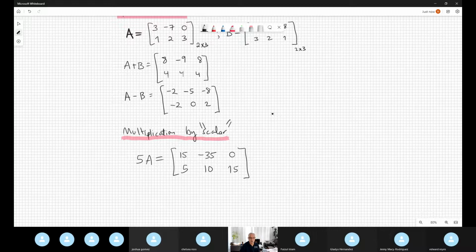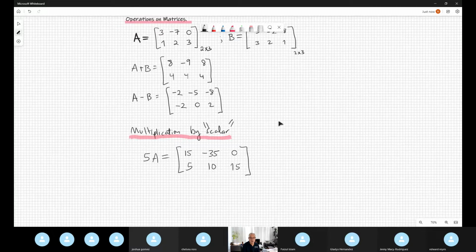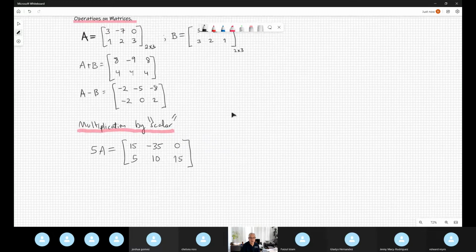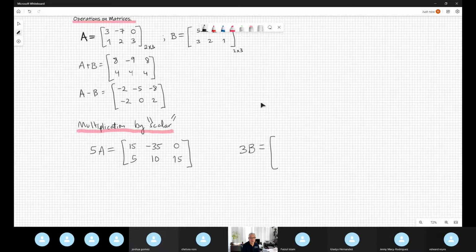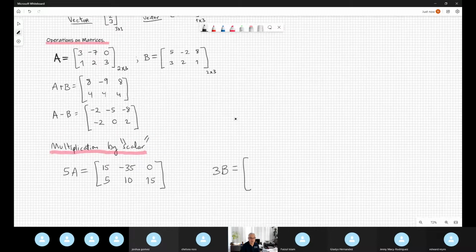Likewise, for example, you have 3 times B. So you multiply by 3 every element, every entry, which is the technical name. This is 15. This is negative 6. This is 24.